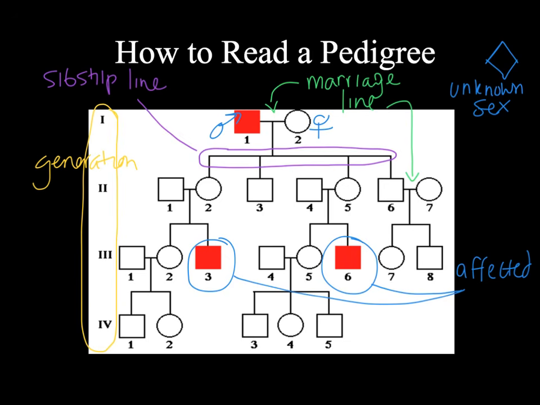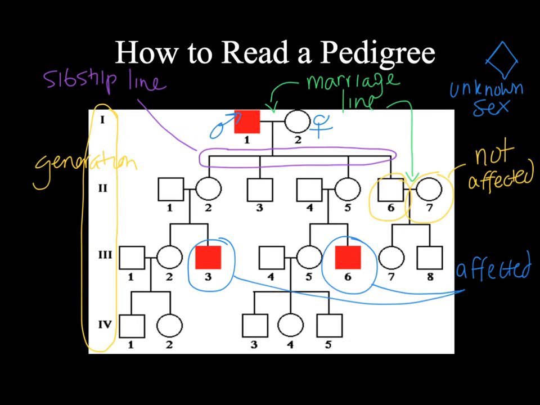And the people that are not shaded in are unaffected by the disease. Now, what you can do with a pedigree is use the relationship between affected and unaffected parents and siblings to determine if that disease or trait that you're tracing is inherited recessively or dominantly on an autosomal chromosome or on a sex chromosome.